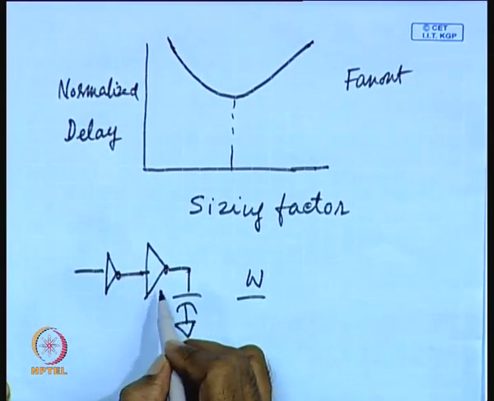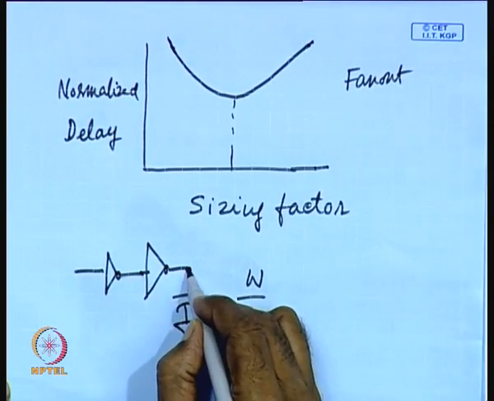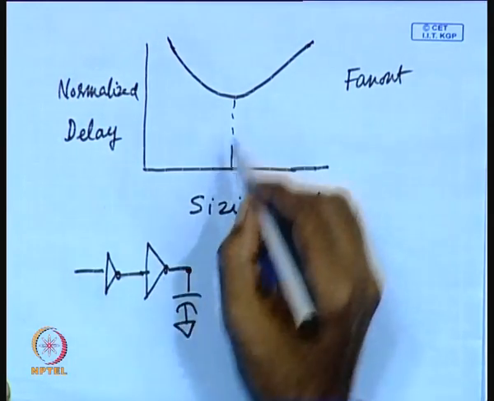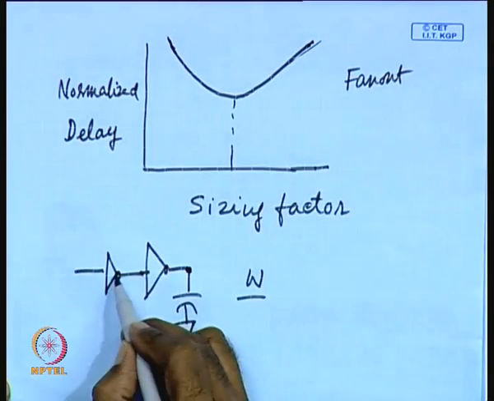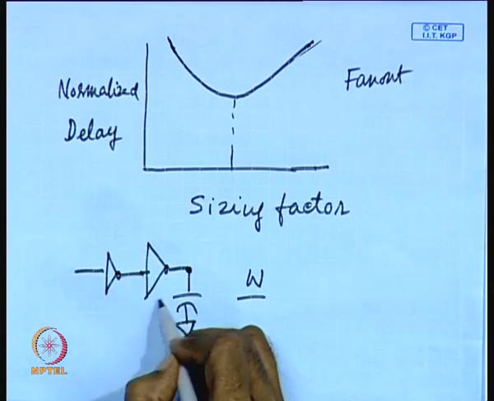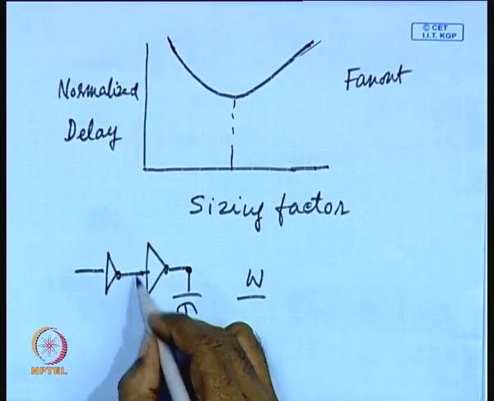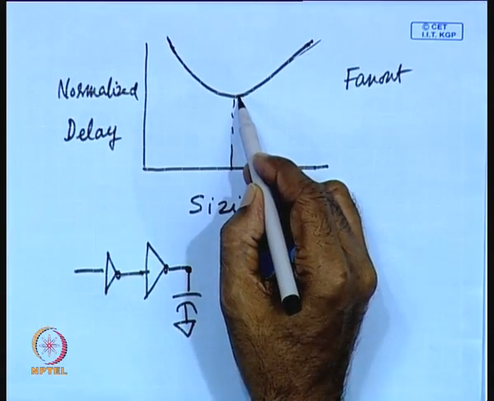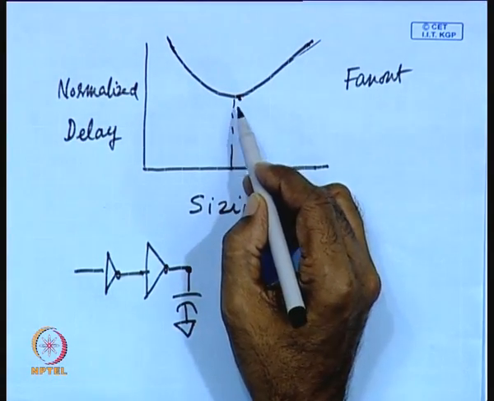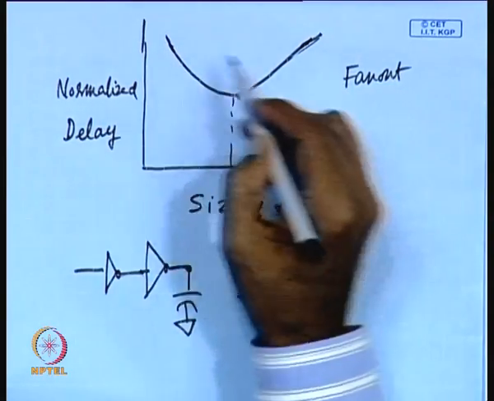That is the reason why for a given capacitance there is an optimal value of size, and beyond that delay will increase, because the capacitance being driven is increasing, which leads to larger delay here. So, there is an optimal size for which you get minimum delay, and beyond that, if you increase the sizing factor, then delay will increase.